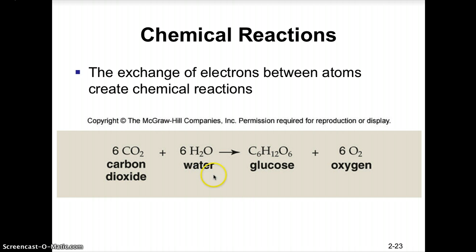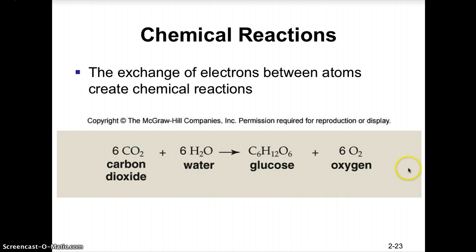Now, on this side, which would be the left side of the chemical equation, we have what we refer to as the reactants. On the right side of the chemical equation, we have what is commonly referred to as the products. So the reactants would be like the ingredients to make a cake: the milk, the flour, the sugar, the eggs.